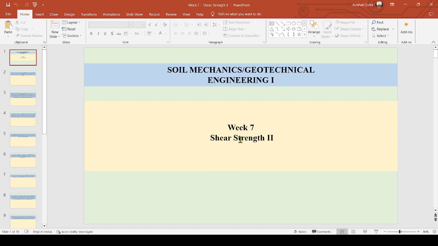Of this chapter, Shear Strength 2, there are 16 numericals, mainly focused on the soil testing experiments in the laboratory, the triaxial tests, the unconfined compression test, and also one question on the pore pressure parameters of Skempton, which are obtained after the triaxial test.